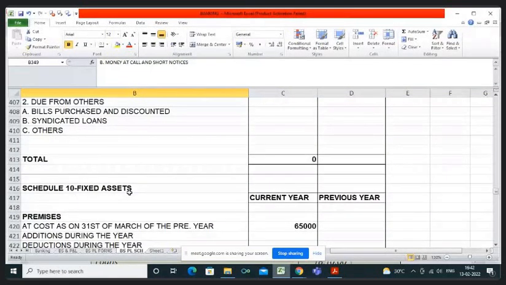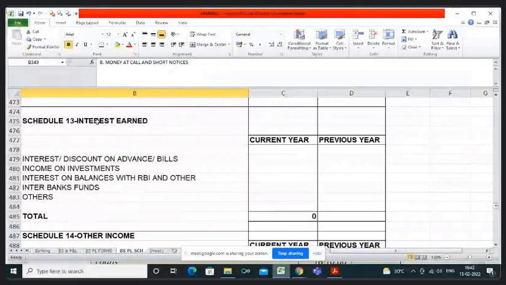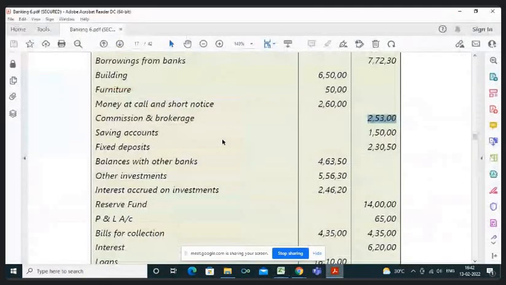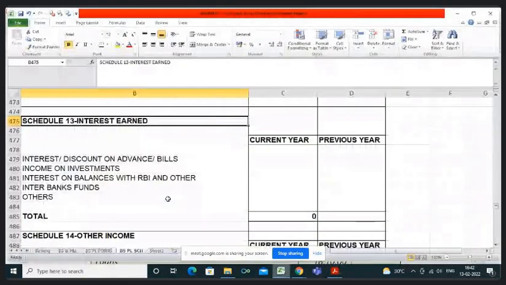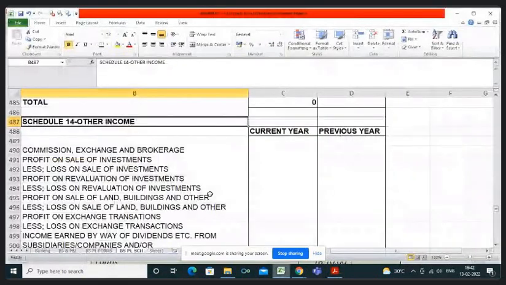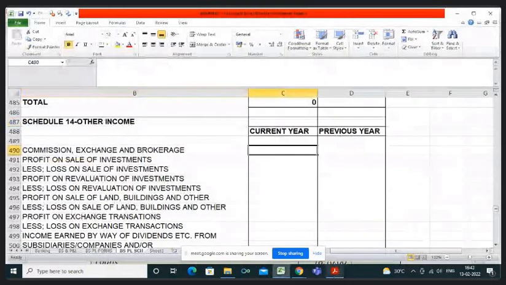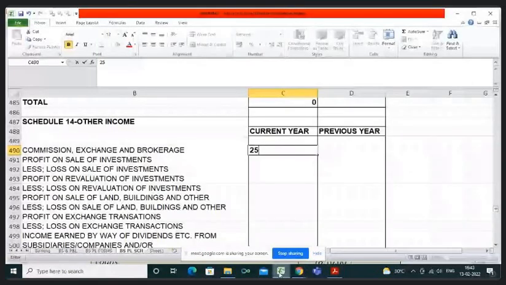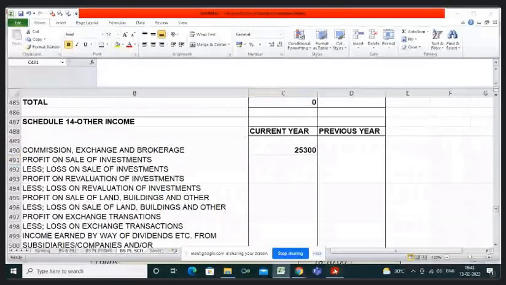How much do we have? We don't know whether it is with banks or with other institutions, so we can write 26,000 as the gross amount. We don't know this breakup, so we need not worry. We can skip that and simply put money at call and short notice, 26,000.